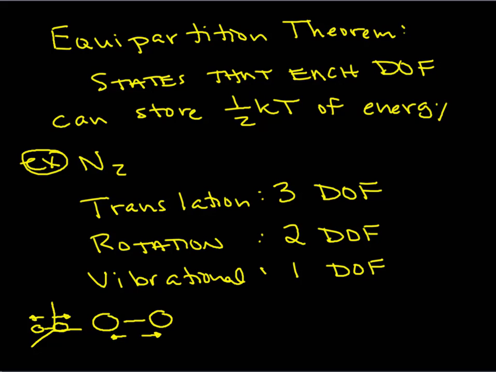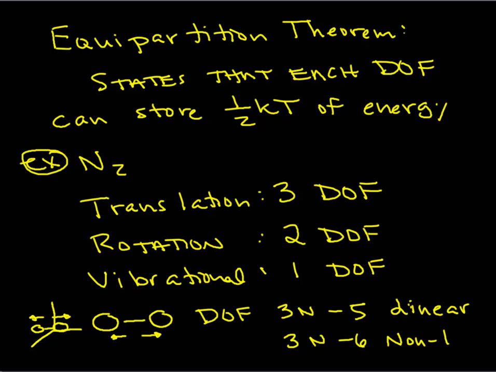And when we want to calculate this, we can say that the degrees of freedom for vibration will be equal to 3n minus 5 for a linear molecule, and would be 3n minus 6 for a nonlinear molecule. And as you can imagine, with n equaling 2, 3 times 2 minus 5 equals 1, which is consistent with a linear stretch of N2.